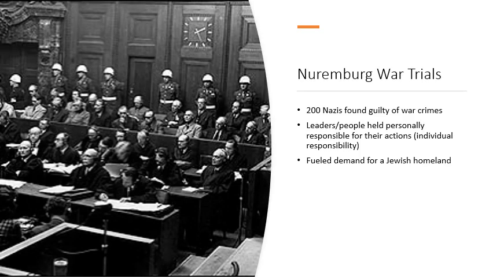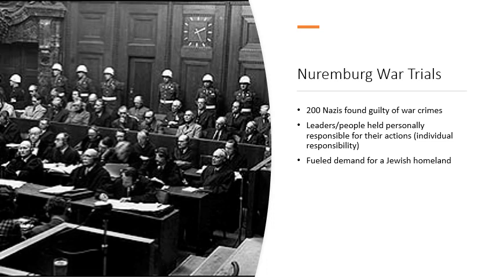Following the Second World War, the United Nations held what was known as the Nuremberg War Trials. These were trials of Nazi leaders who had committed war crimes. In these trials, 200 Nazis were found guilty of war crimes. These were leaders, people held personally responsible for their actions.